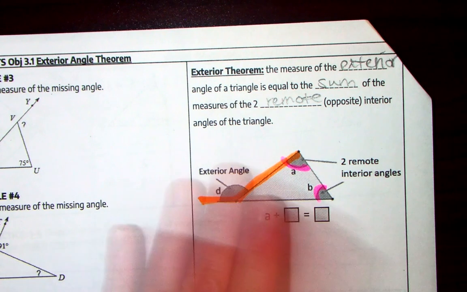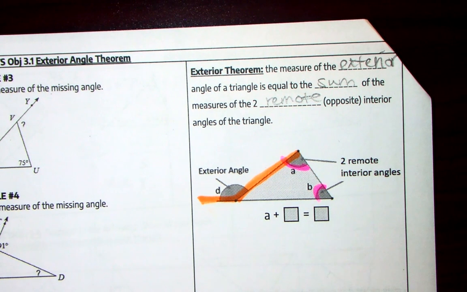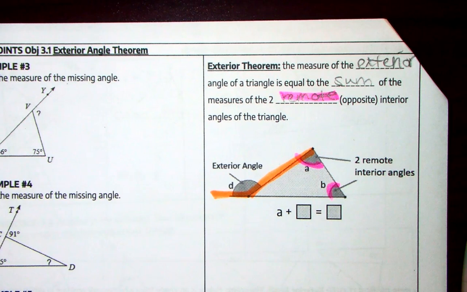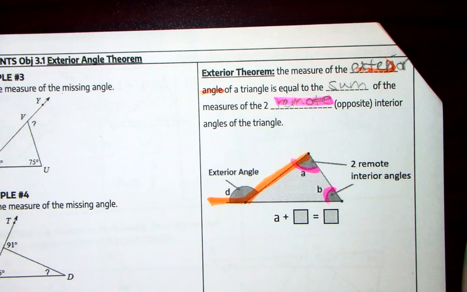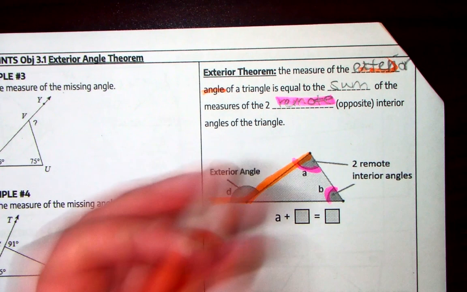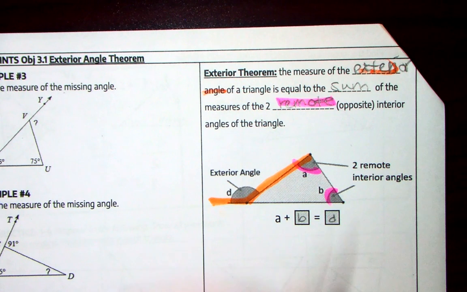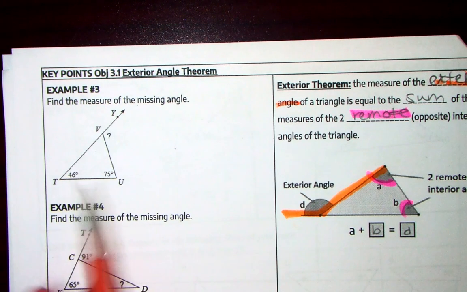Now, I'll show you why that has to be true in a second, but basically what this theorem says is that I've got these two remote angles, right? And then this exterior angle. To find the measure of the exterior angle, I can just add a plus b, and that equals d. A plus b equals whatever d is. Okay? And I'll show you why that works over here.